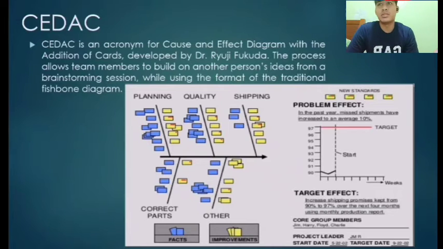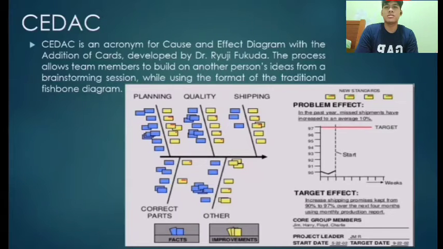So the CDAC or CEDAC is an acronym for cause and effect diagram with the addition of cards. This is developed by Dr. Ryoji Fukuda. The process allows team members to build another person's idea from a brainstorming session while using the format of the traditional fishbone diagram. So ito, parang fishbone diagram lang din.